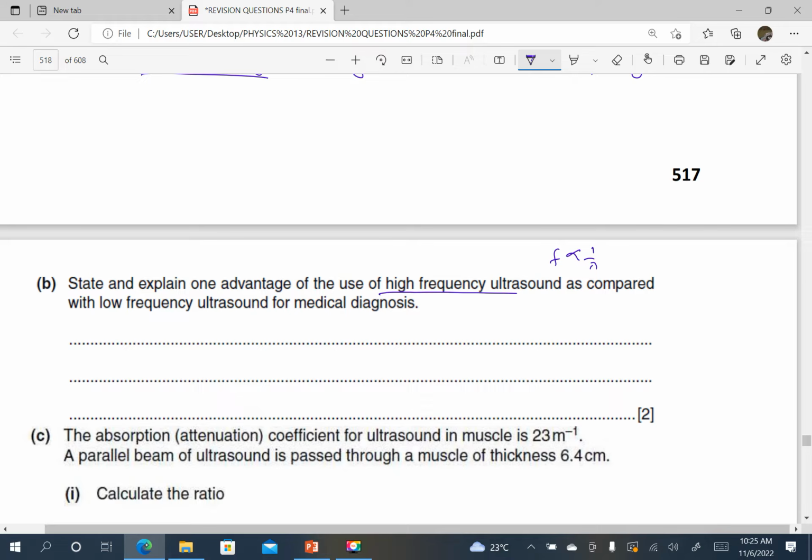Therefore, high frequency means short wavelength, so smaller structures can be resolved or detected due to more scattering around them.